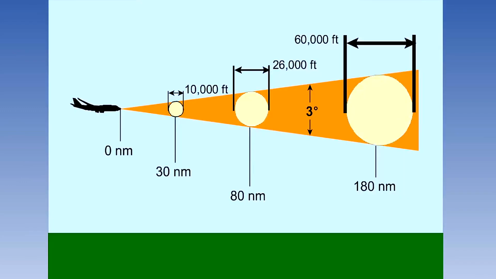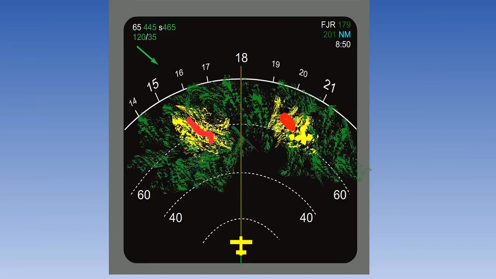Here, we see the coverage for a 3-degree beam and various ranges. The equipment is designed to detect those clouds which are likely to produce turbulence, to highlight the areas where the turbulence is most severe, and to indicate safe routes to avoid them where possible.